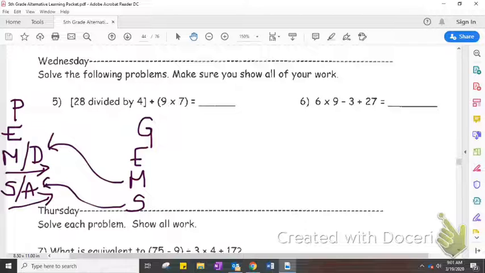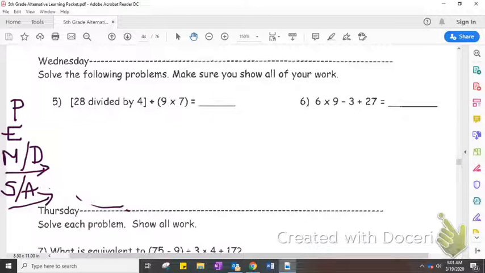Okay, side note, in case any of you have any older siblings and they tell you that they do GEMS. It's the same thing. 28 divided by 4 plus 9 times 7. So we're going to start with parentheses. Those are called brackets. That's what the groupings mean.